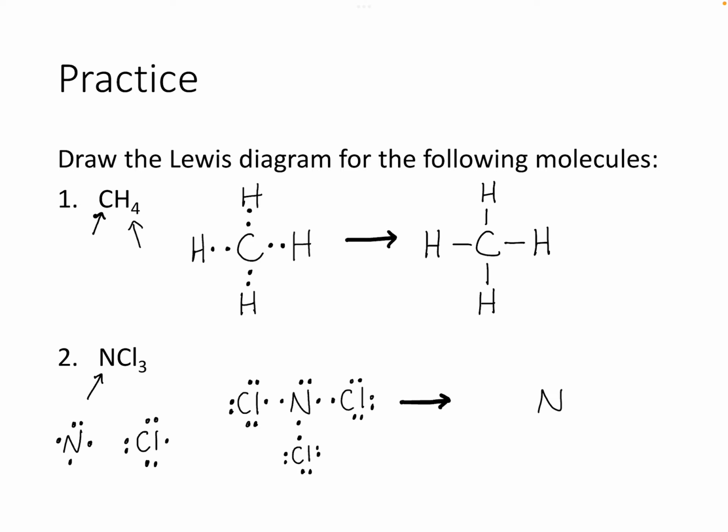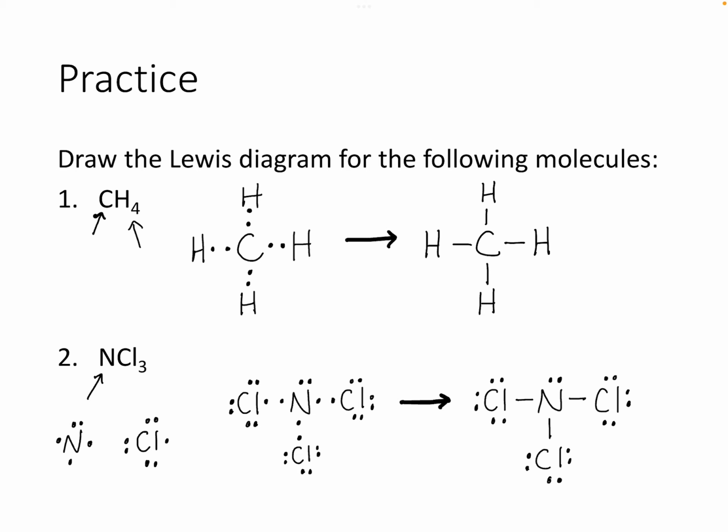So we can redraw those as lines. And then we just have to include those lone pairs or non-bonding pairs of electrons for each atom. So who knew chemistry had some art in it? We're drawing more than we're doing anything else at this point. Okay, so that's our Lewis diagram for NCl3.